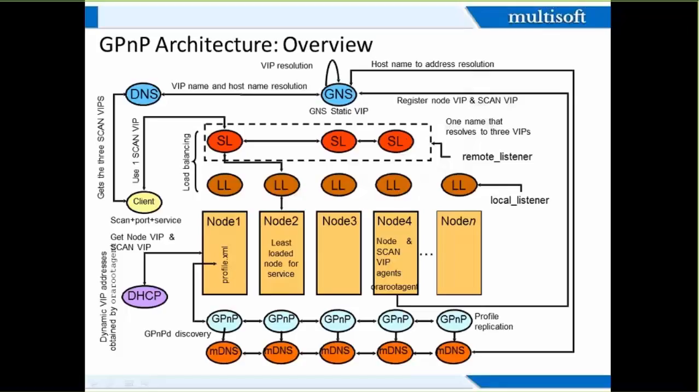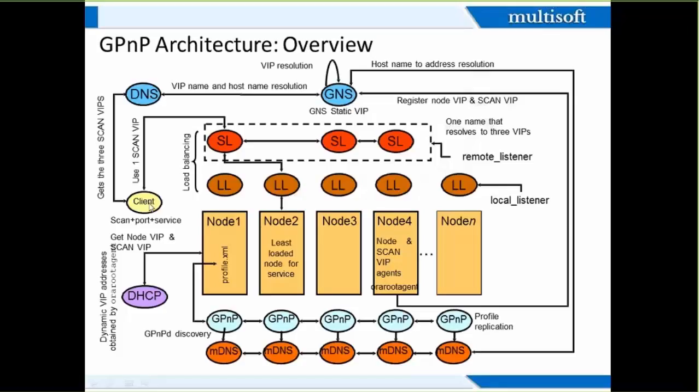So in response to that multicast, GNS will come to know on which nodes these 3 SCAN listeners are running. Suppose these are running on node 1, node 3 and node 4. That information is transferred to GNS, GNS transfers to DNS, and DNS transfers to the client.